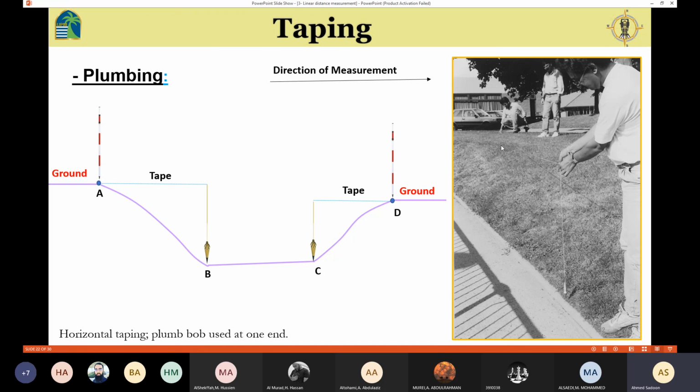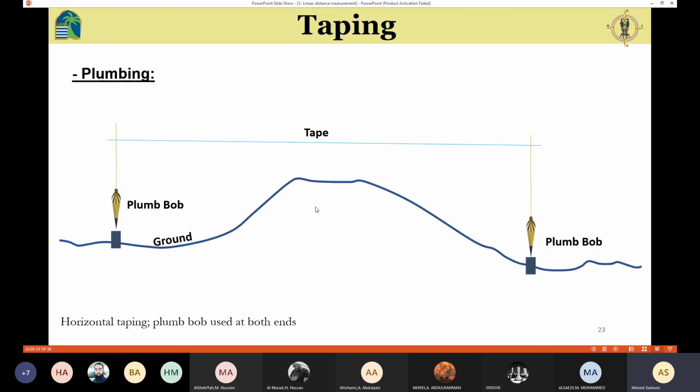Here we have an actual picture, we have a slope. So in order to transfer the reading from here to the point, I'm going to use the plumb bob. Because we take the horizontal distance, we use the plumb bob in order to transfer the point.